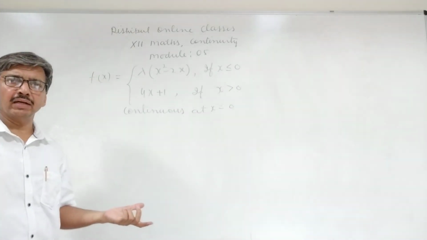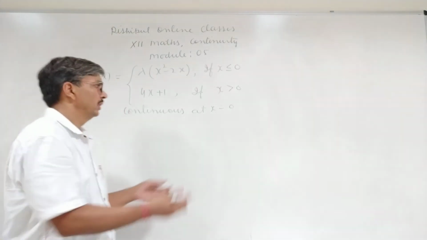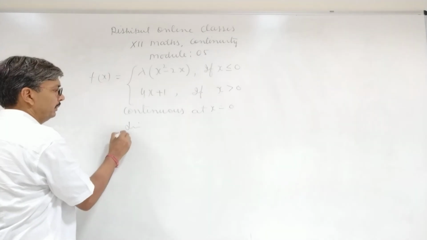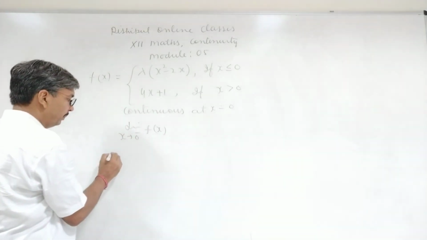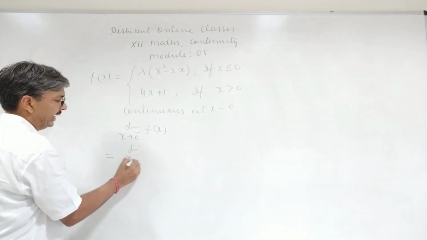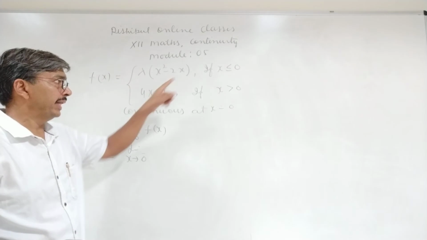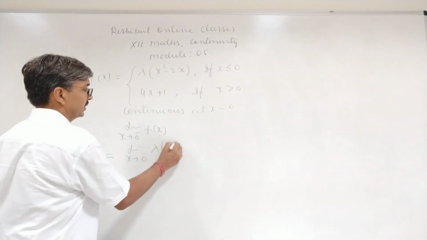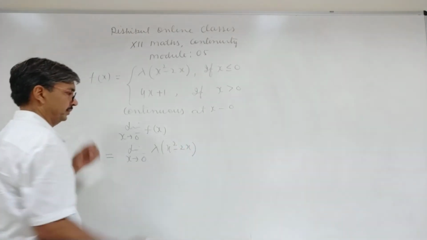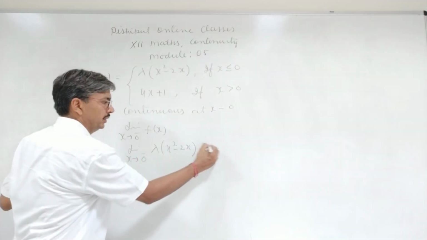We will find out the value of left limit and right limit and then we will see. So here limit x tends to 0 minus f(x): for left limit x less than 0, function is lambda (x square minus 2x) and this will become 0.